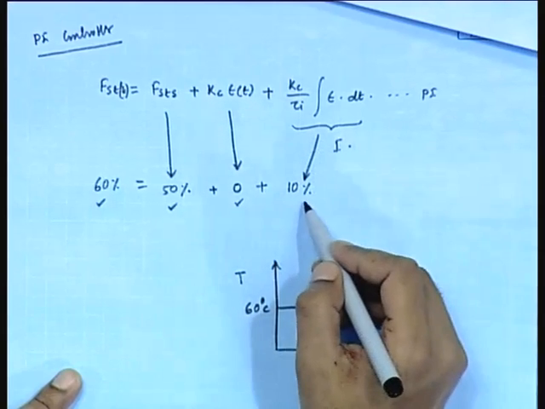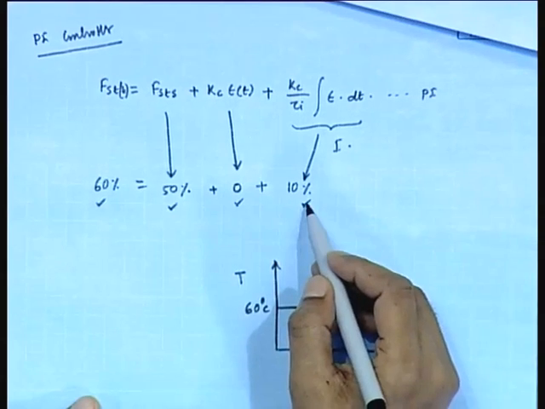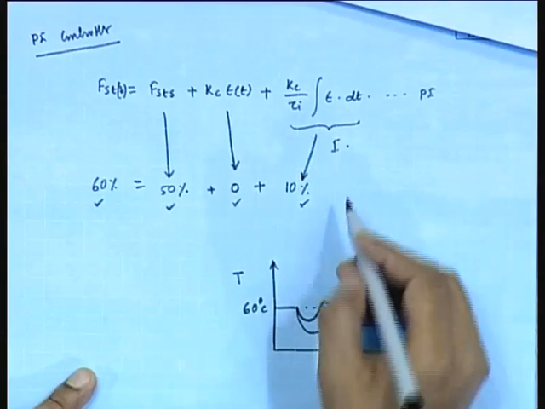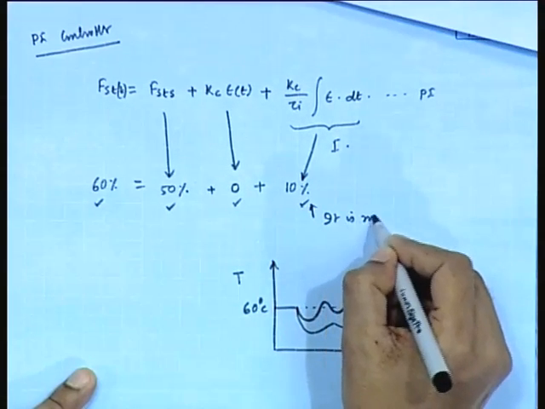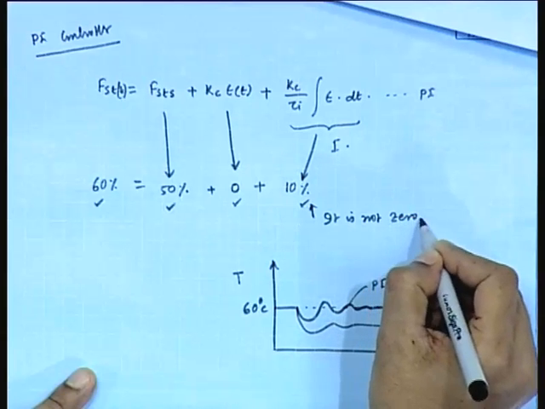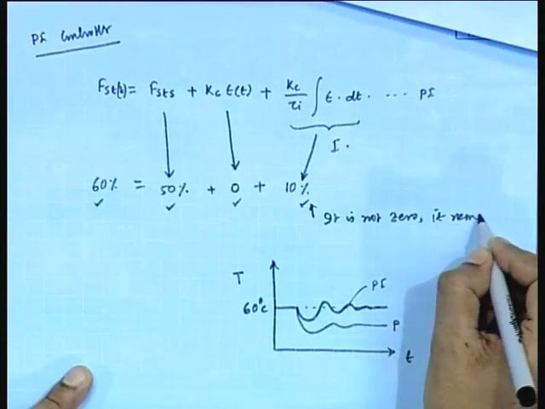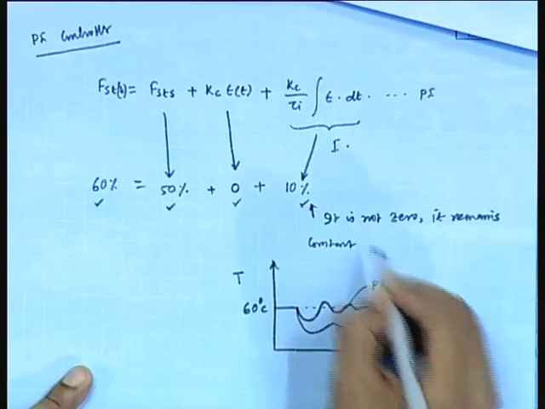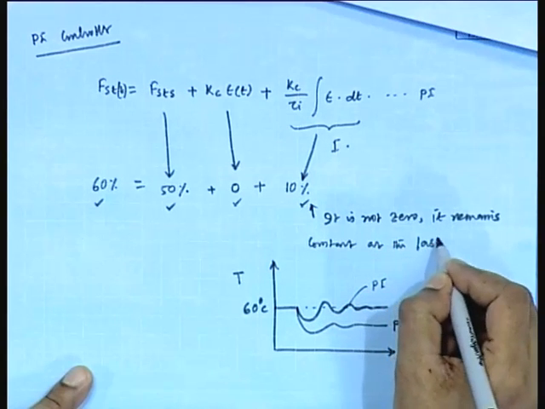So, remaining 10% is indicating the integral term. This remaining 10% is provided by the integral term. So, it is not 0, it remains constant at the last value.